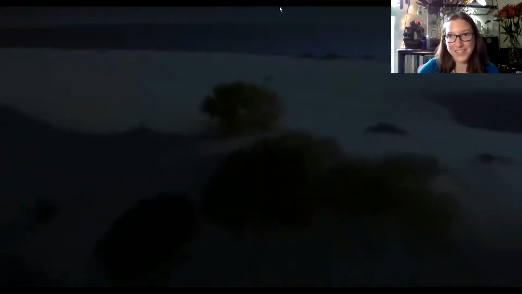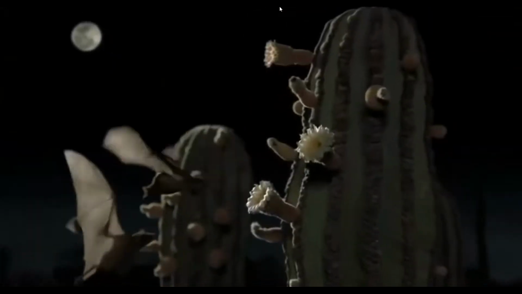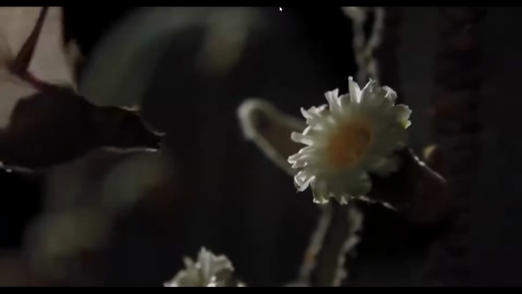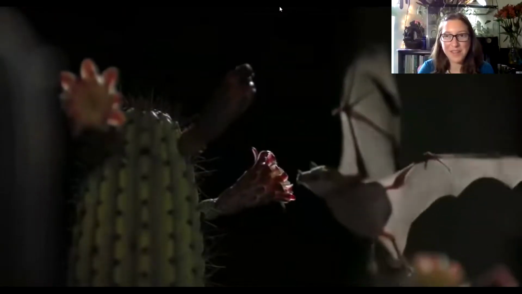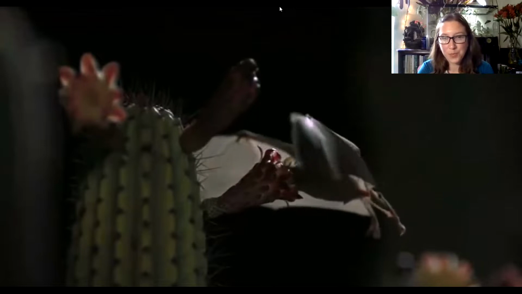This is about bat pollination. And I think one of these bats has a baby on it. Hold on. Let's see. Oh, yep. Bat baby.